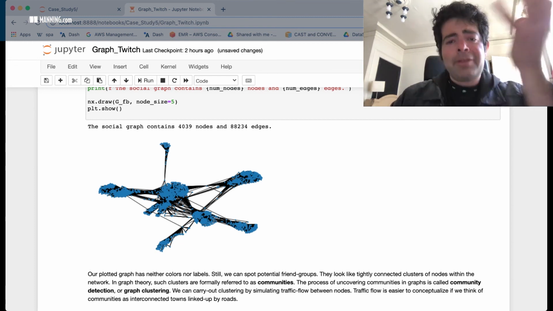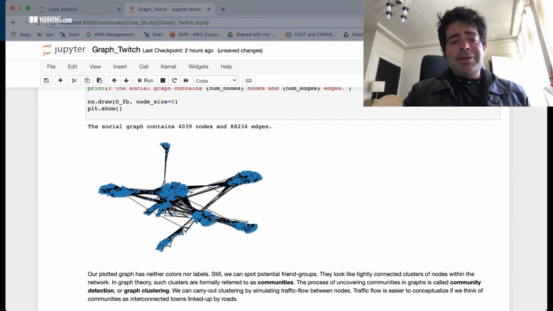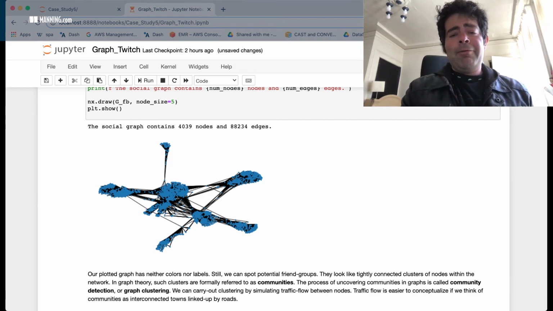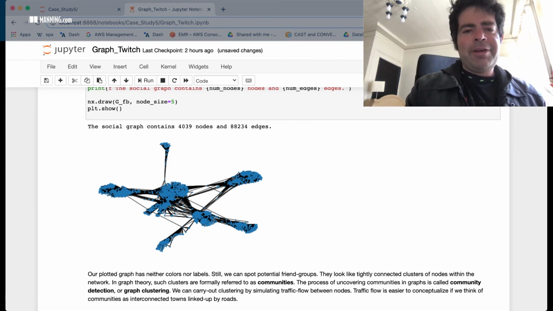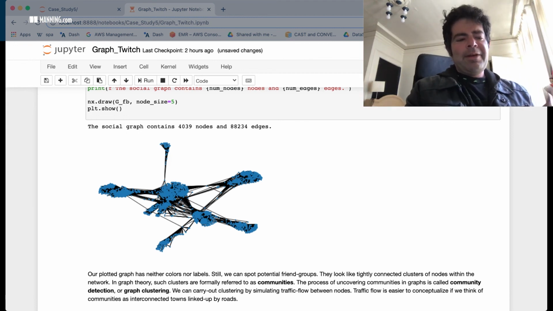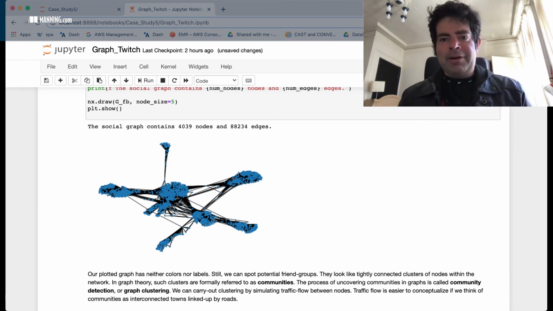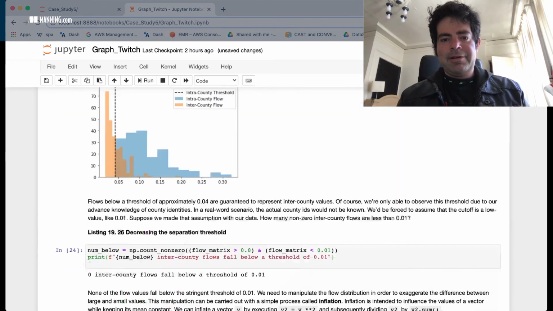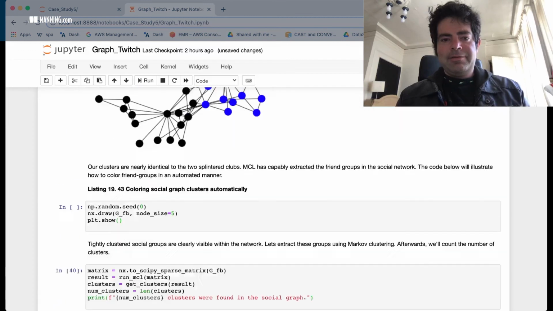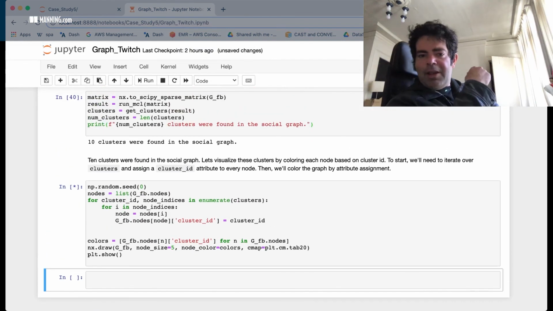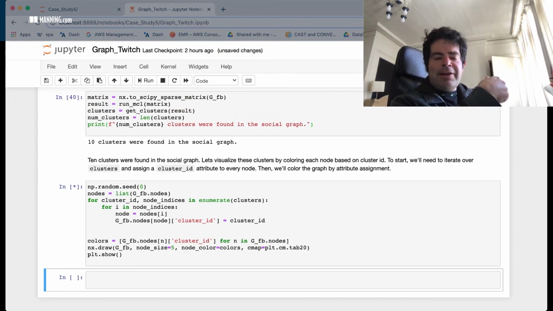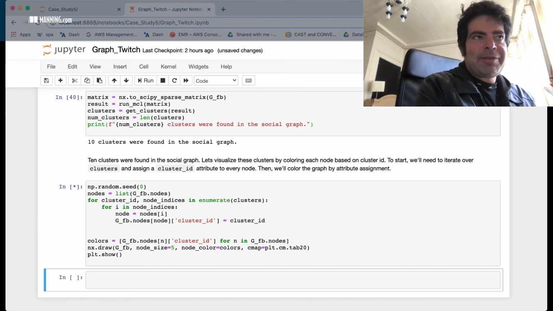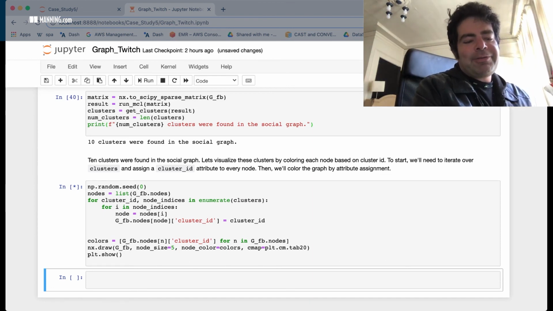And our expectation is that each of the clumps within this Facebook network will be assigned its own unique color by the time the visualization is complete. So let's wait and see what happens. Again, apologies for the long wait time.